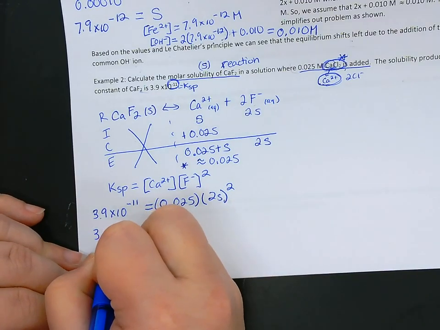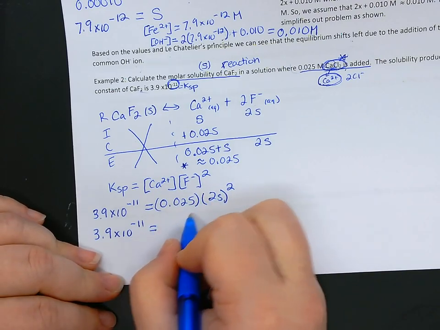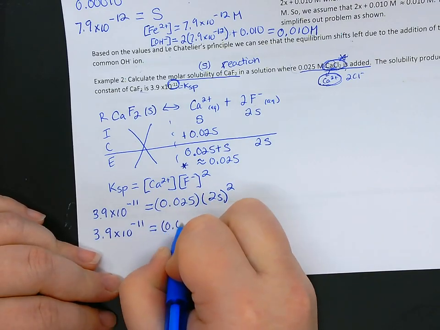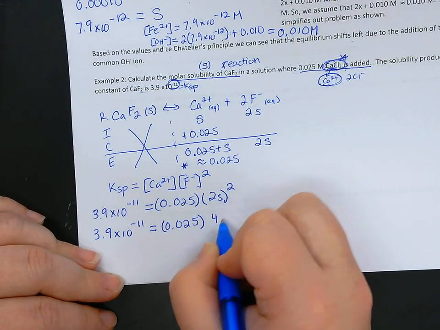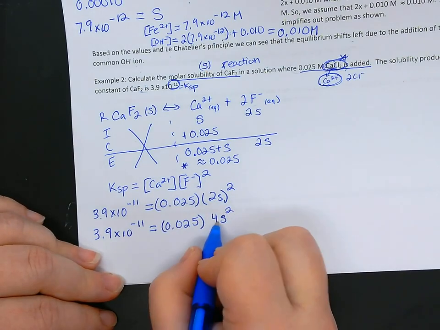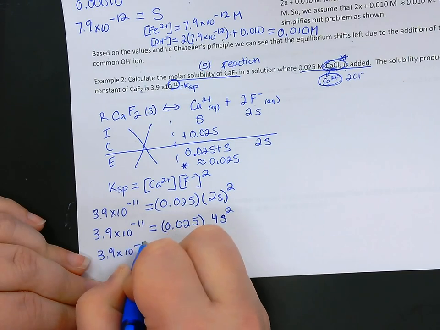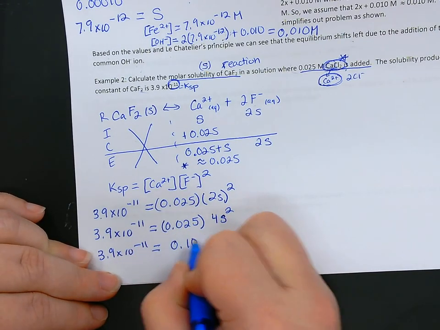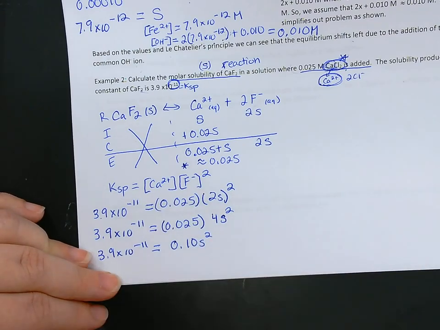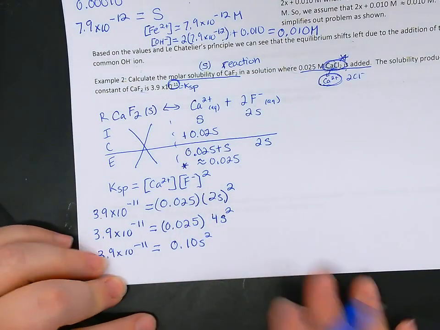I'm going to simplify. So I'm just going to start with the 2S squared. So 2 squared is 4, S squared is S squared. Now I'm going to multiply this, which gives me 0.10 S squared, because 4 times 0.025 is 0.1.